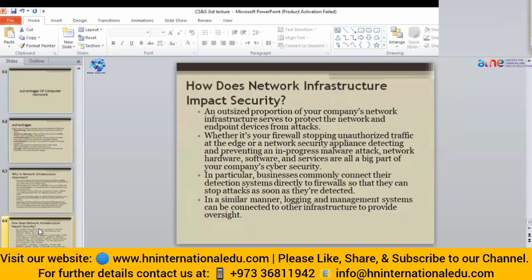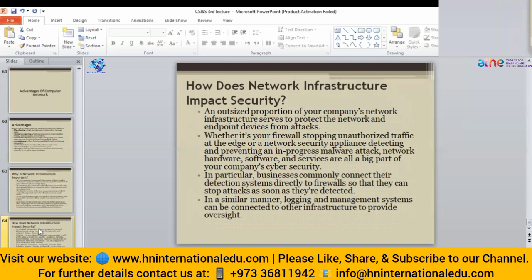So how does network infrastructure impact security? As we know, when our data is available to common people, there are some security concerns. A well-planned network infrastructure serves to protect the network and endpoint devices from attack.